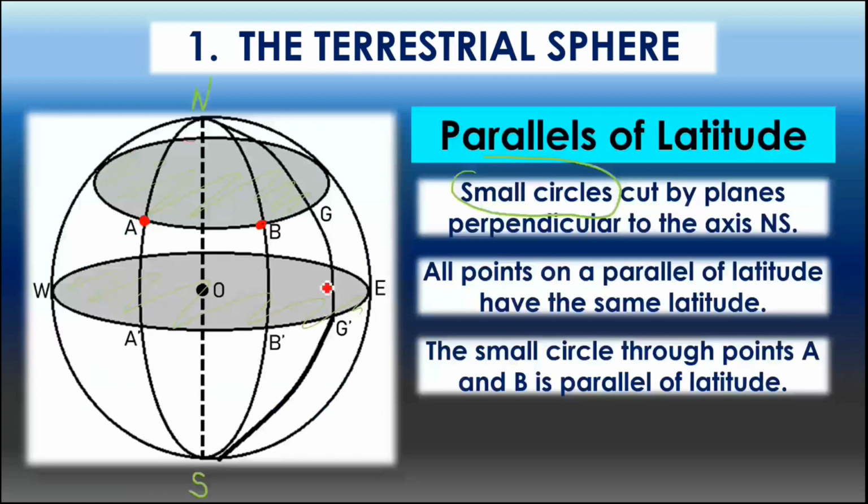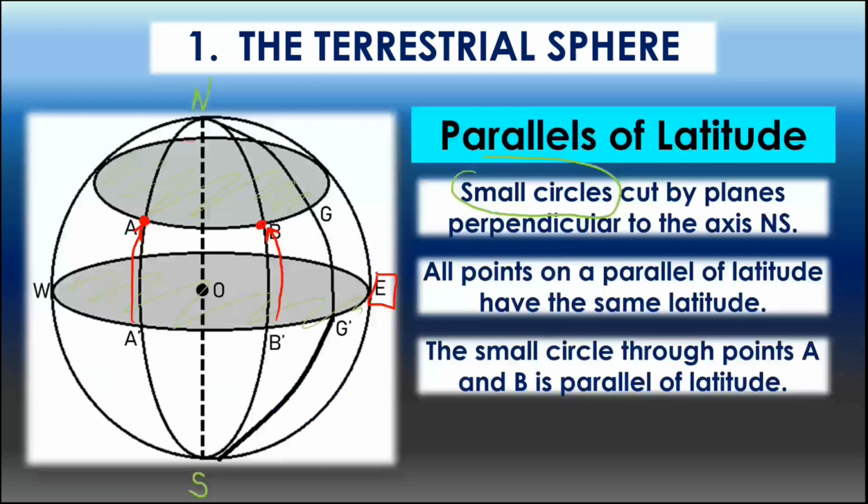If this is the equator, from the equator going to point A, and from the equator going to point B, these two have the same measurements or angular distance.